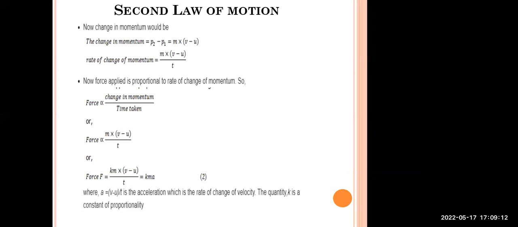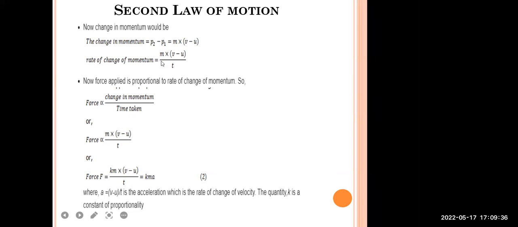What the second law states is that the force applied to the object is proportional to the rate of change of momentum. So according to the second law, force is directly proportional to change in momentum upon time.